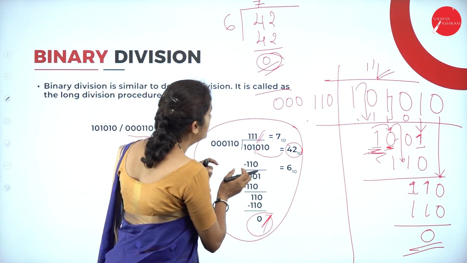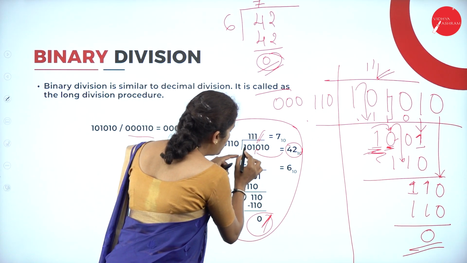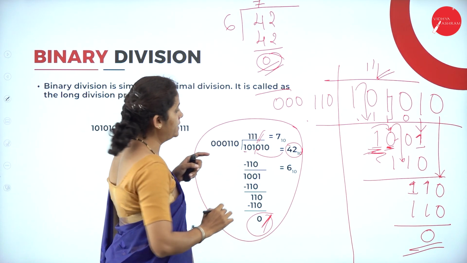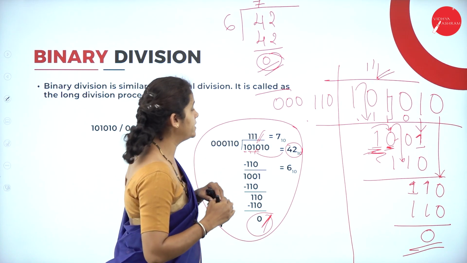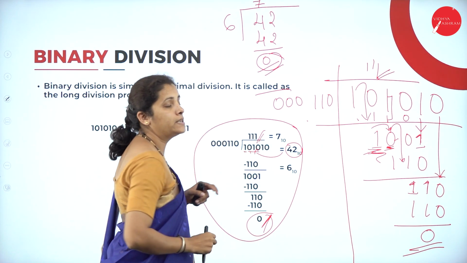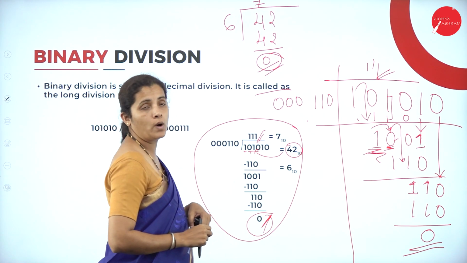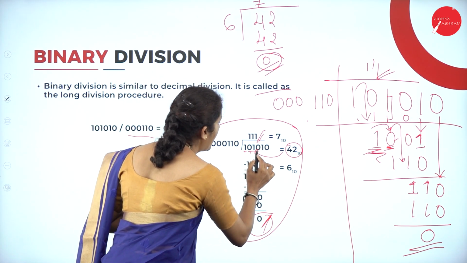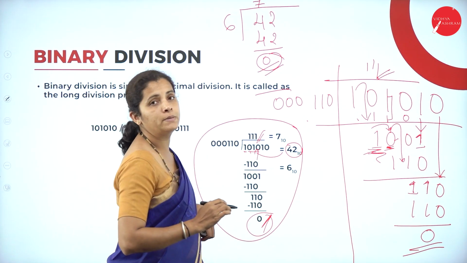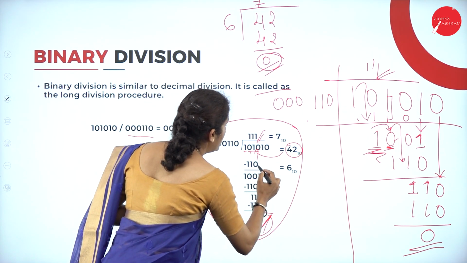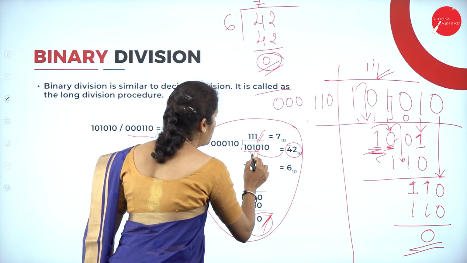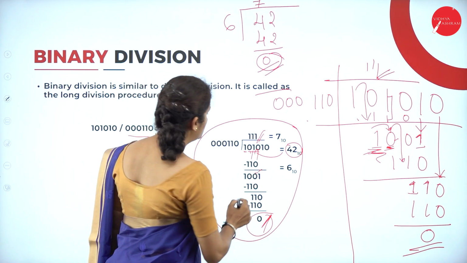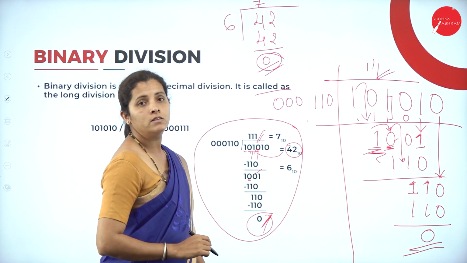While placing, I leave the first bit, then consider the next 3 bits, and under them I place 110. Here 0 minus 0 gives 0, then 1 minus 1 is 0.